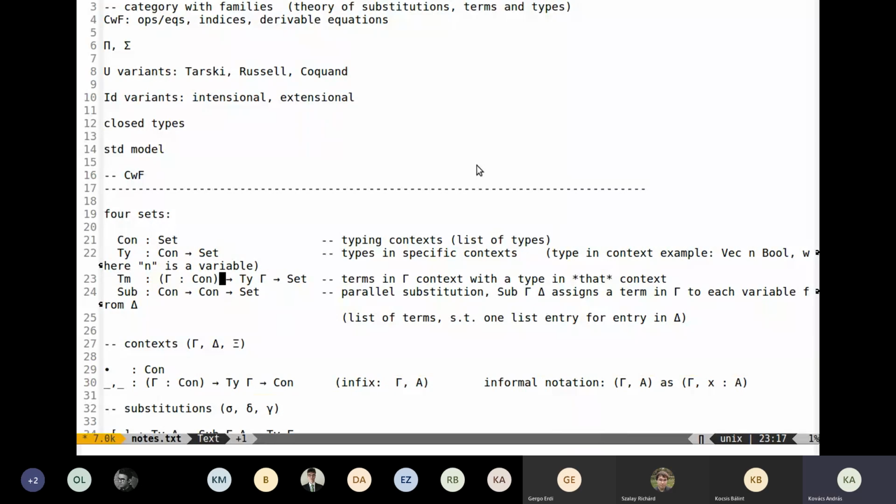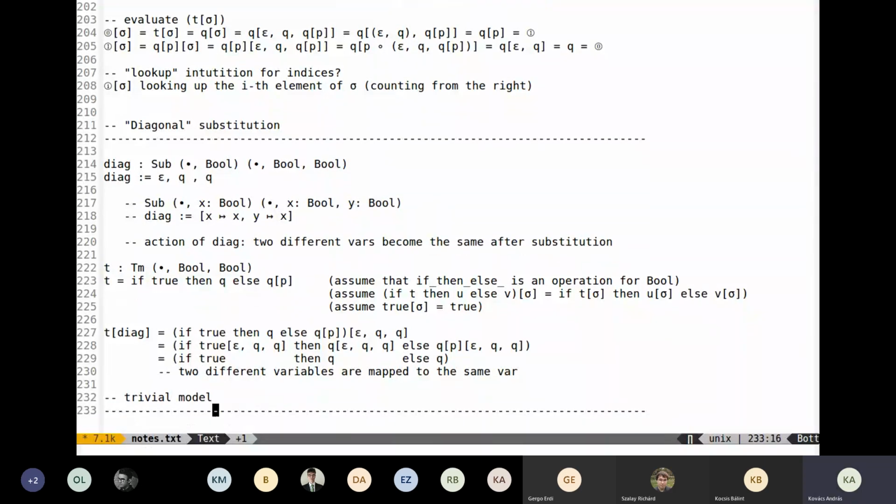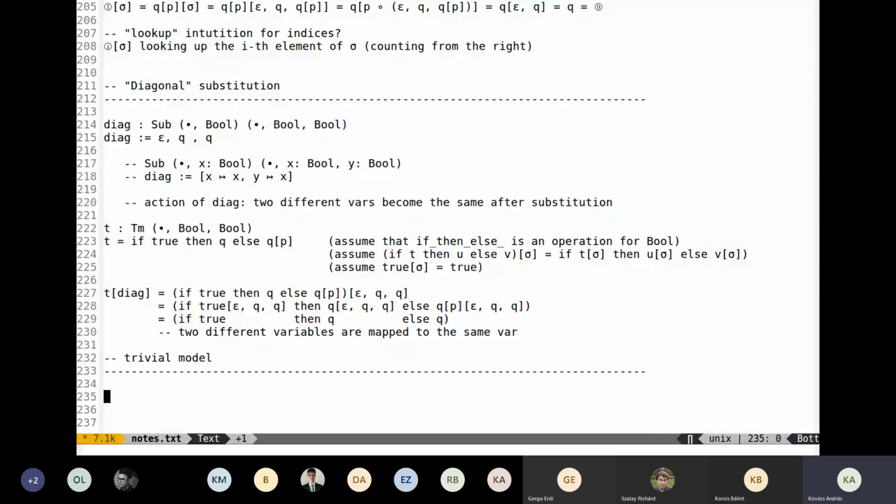Yeah, so we always have this freely generated model, which is the initial model, and maybe very shortly we can look at the trivial model. The trivial model is basically: let's make everything the singleton set.